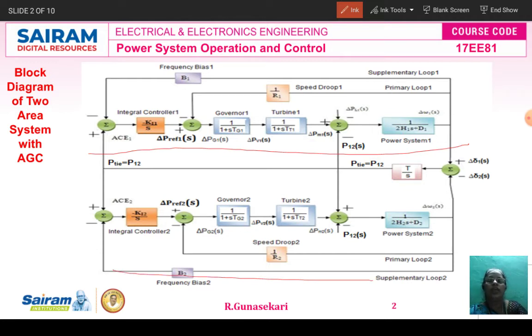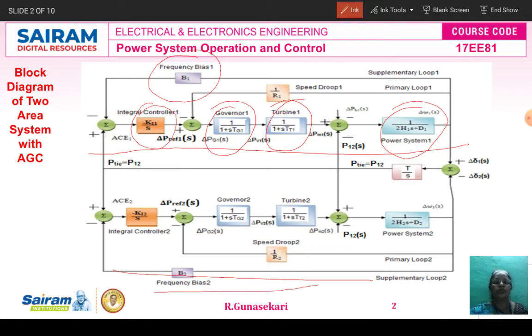Area 1 consists of an integral controller block, governor block, turbine block, power system block, and then frequency bias. Similarly, area 2 also. The P12 is nothing but the tie line power, that means the power interchange between 1 and 2.